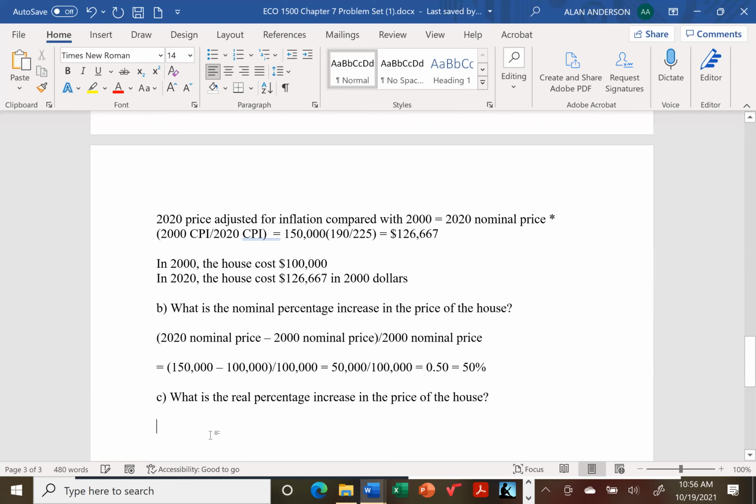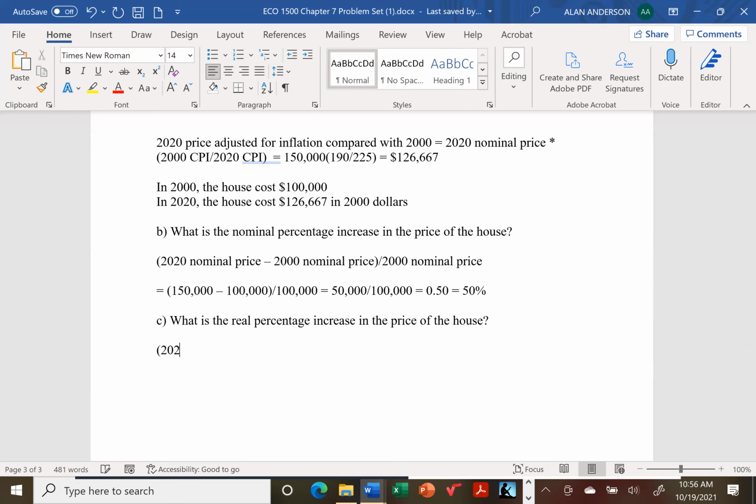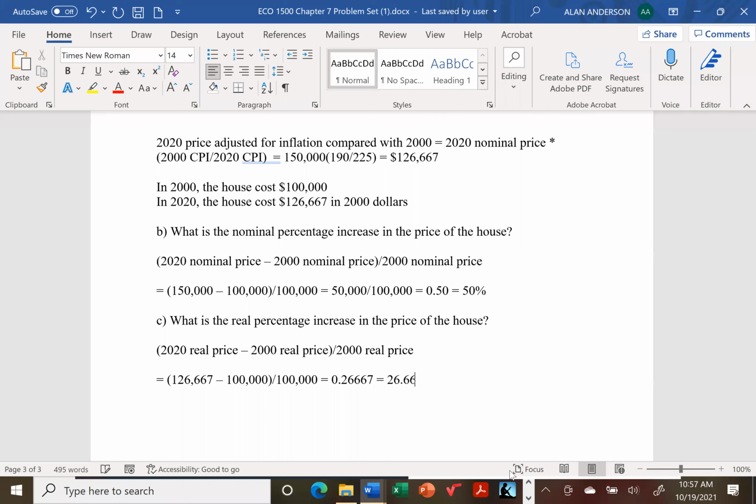Okay, but in real terms, we'll have the 2020 real price, sorry, the price in terms of 2000 dollars. So the 2020 real price minus the 2000 real price over the 2000 real price, which equals 126,667 minus 100,000 over 100,000, which is 0.26667 or approximately 26.667%.